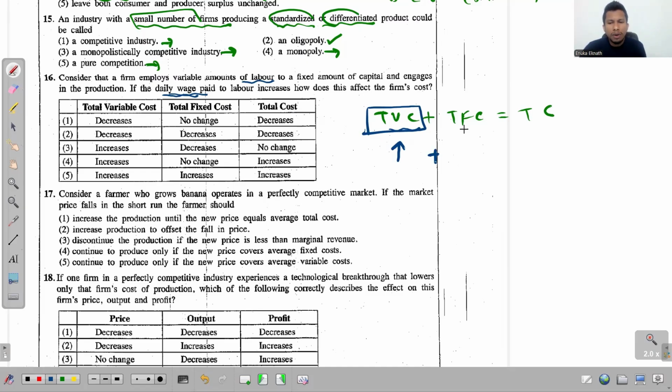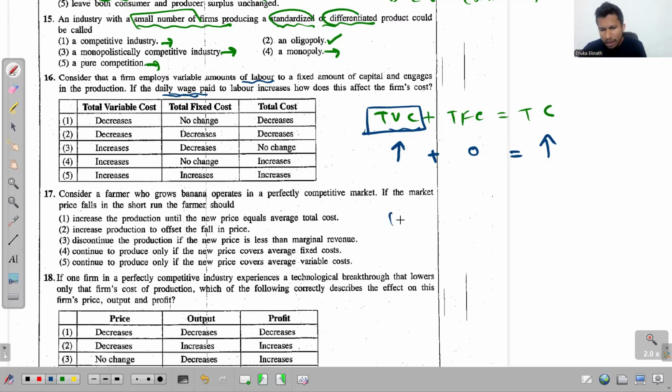And then what will happen to the total fixed cost? There's no change in total fixed cost. Why is that? Because when wage increases, there's no influence from wage on the total fixed cost, because we don't recognize wages or the laborers to be a part of fixed inputs. So it will remain the same. When this increases and this remains the same, the total cost will also increase.